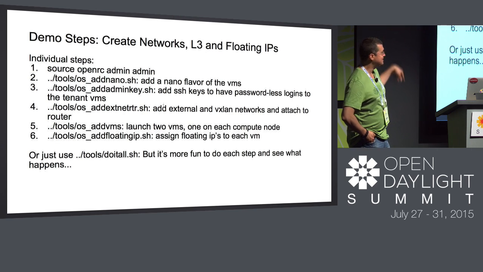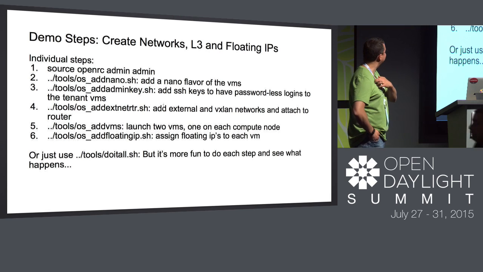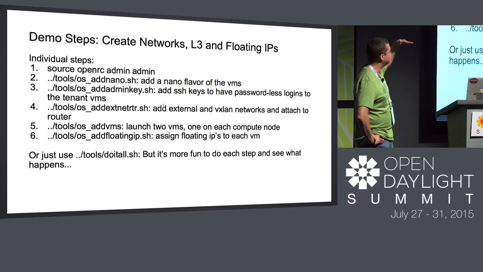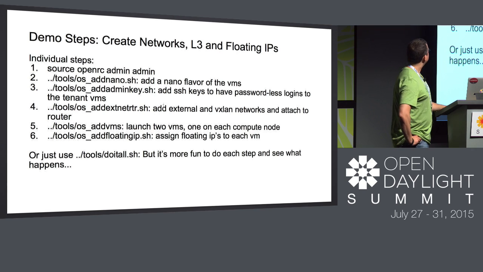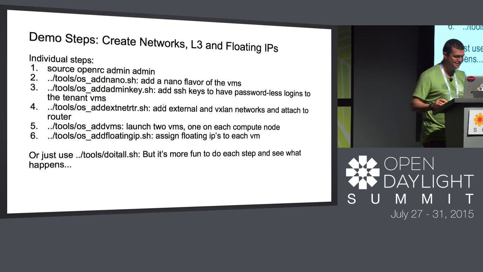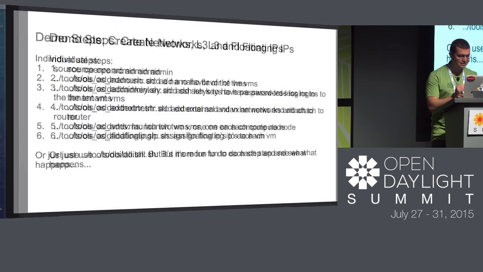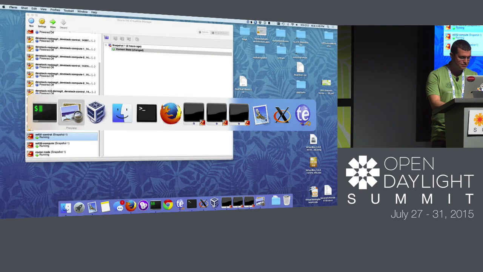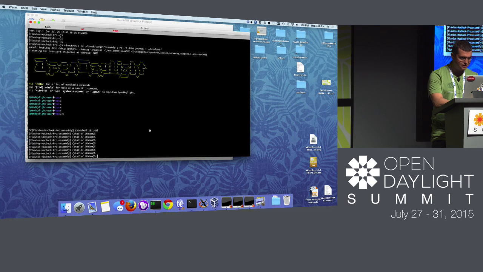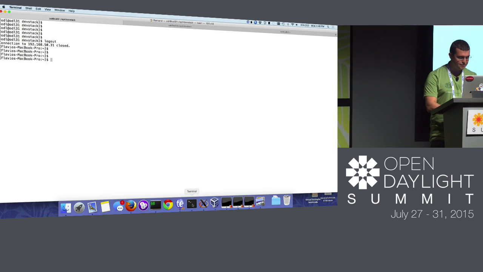So you don't need to do these right now. We can do them as we go along. I have follow-up steps that will go one-on-one and then show you what's happening visually. But in essence, we're just going to basically source openrc admin. Actually, I should do it as well so you can see it. So where is my VM? Oh, that's not it. Right.